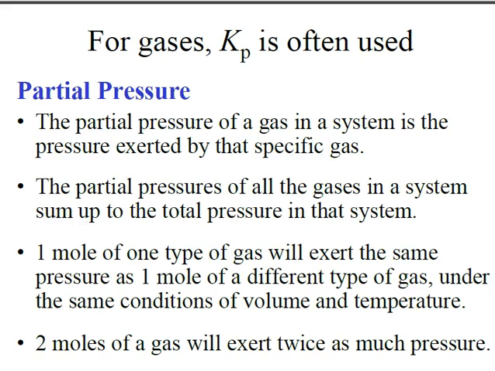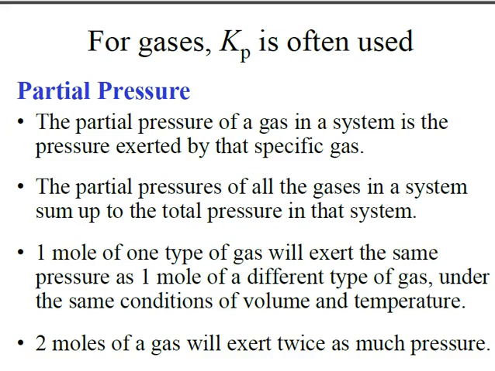Here again to clarify what we mean by partial pressure. The partial pressure of a gas is when the gas is in a system, so it's there with lots of other gases, and we want to focus on the pressure exerted by that specific gas. If we add up all the partial pressures, that's going to tell us what the total pressure of the system is.